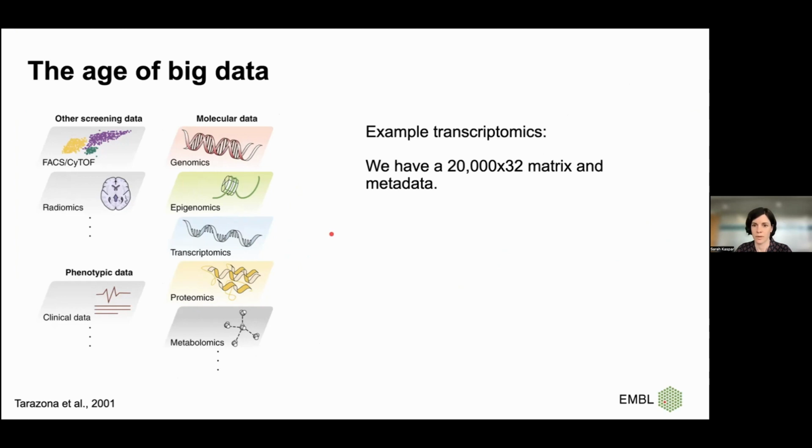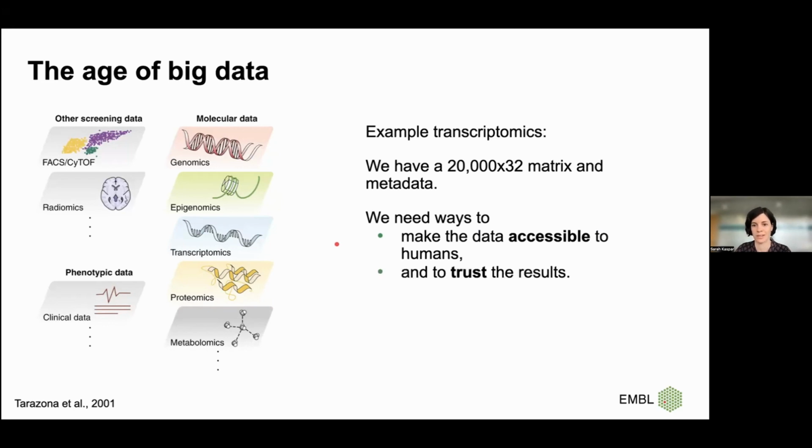We will be dealing with a 20,000 over 32 matrix and metadata. That's rather small. But still, it turns out that human brains are not particularly good at dealing with these kind of matrices. So what we need is ways to make the data accessible to our human brains. And also, in the end of the day, we will want to trust somehow the results that we look at.